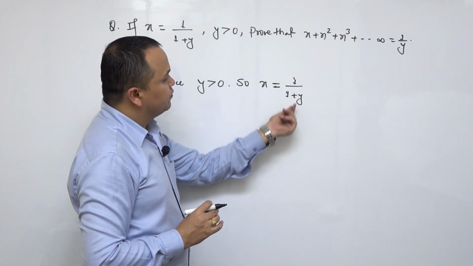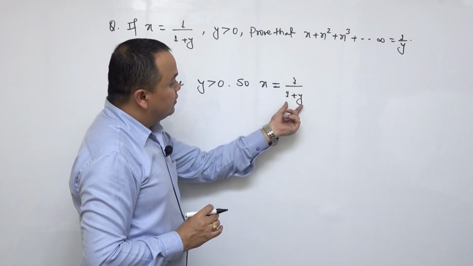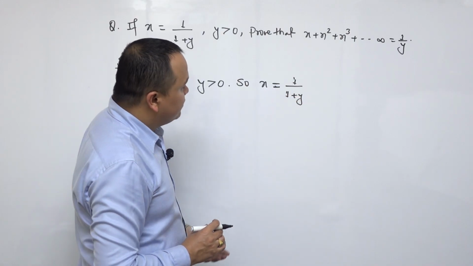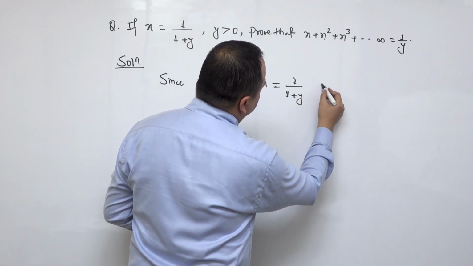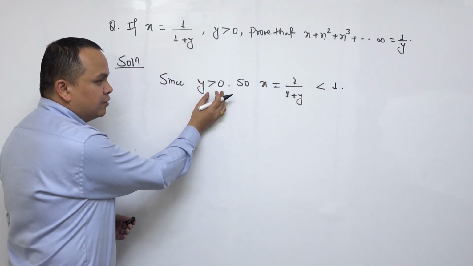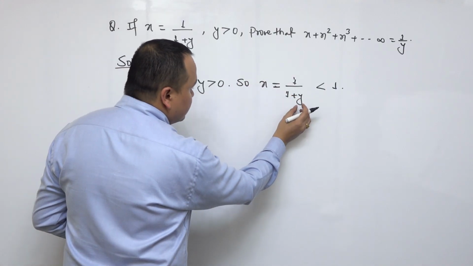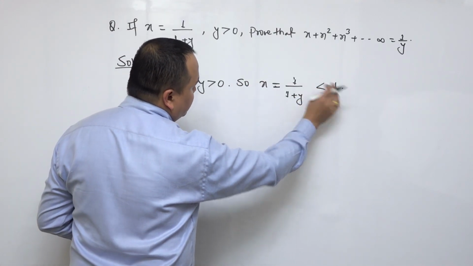So 1 upon greater than 1, the numerator is 1 and the denominator is greater than 1. So it is always less than 1, because y is a positive number. For a positive number, 1 upon 1 plus y is less than 1.